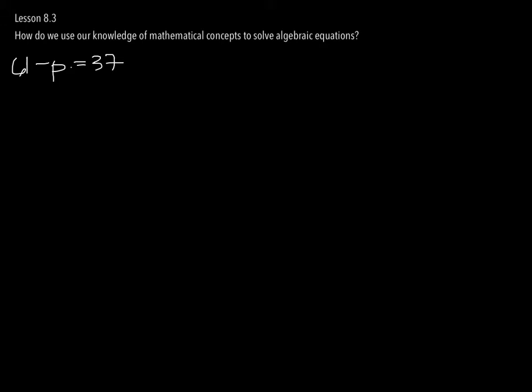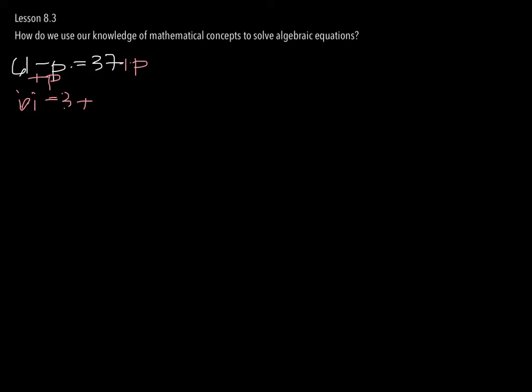When you think of minus, you want to think of the opposite, because what you want to do is get all your variables on one side and all your numbers on the other side. Because this is a minus and we don't really deal well with the minus world right now, to simplify this we're going to add p to both sides, and what we're going to get is 61 is equal to 37 plus p.